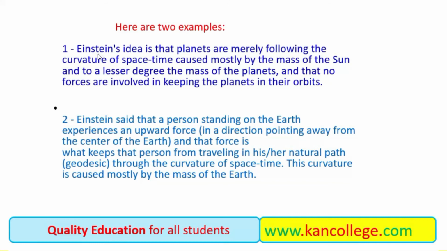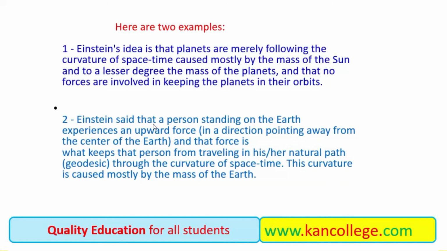Here are 2 examples. Einstein's idea is that planets are merely following the curvature of space-time caused mostly by the mass of the sun and, to a lesser degree, the mass of the planets, and that no forces are involved in keeping the planets in their orbits.